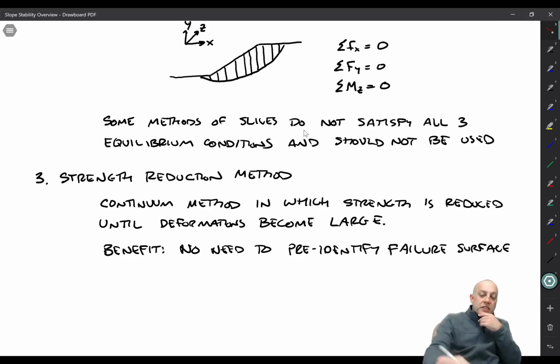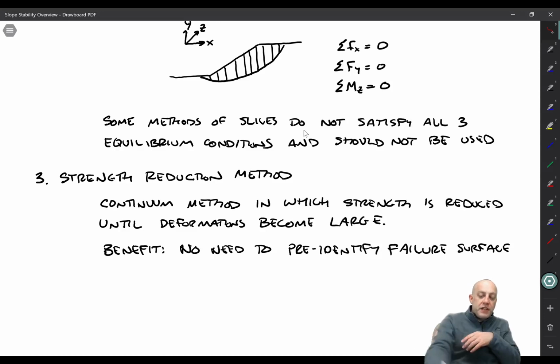The way that this works instead is you set up a continuum analysis, like a finite element or finite difference simulation. And of course, an output of those simulations is just stress fields and deformations and strains, not factor of safety. So what you have to do is reduce the strength systematically and solve for the displacements each time using an elastoplastic solver.